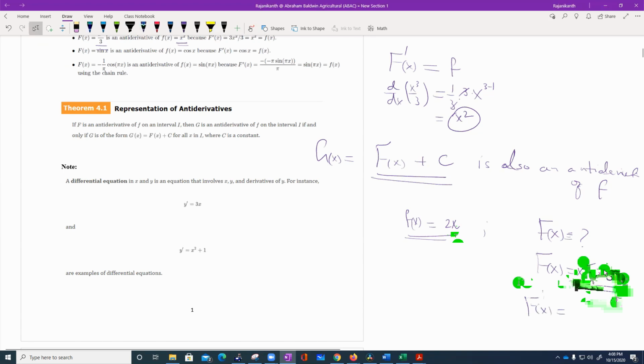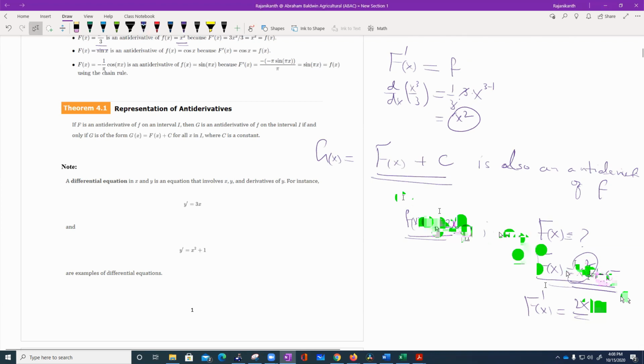Just 2x, right? Why? Because the derivative of a constant is 0. So if you take the derivative of x squared plus any constant, that will always give you 2x, the given function here. That makes sense? Therefore, the antiderivative of 2x will be x squared plus any constant.